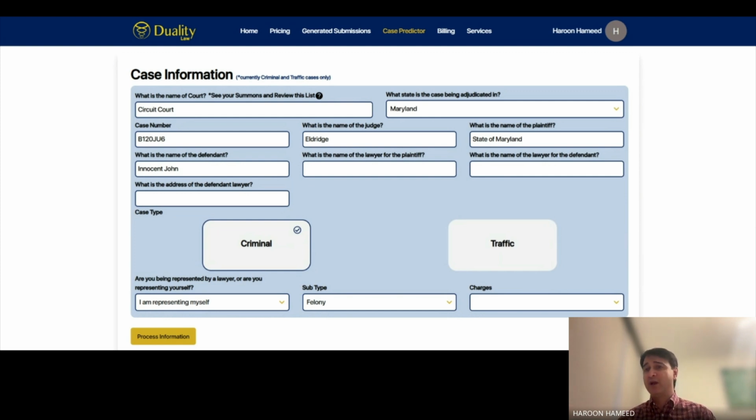It could be like a motion for judgment notwithstanding the verdict, or a number of other post-trial motions that can help overturn the verdict as well.